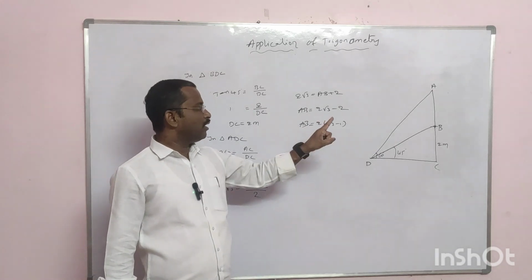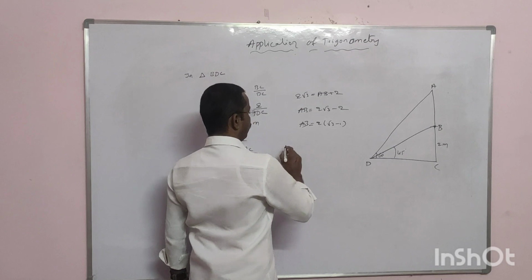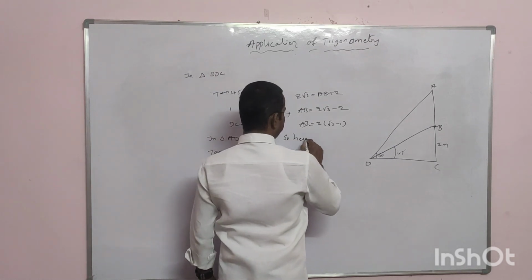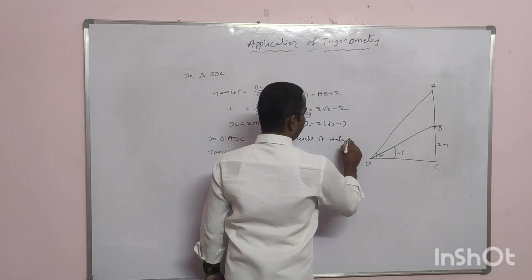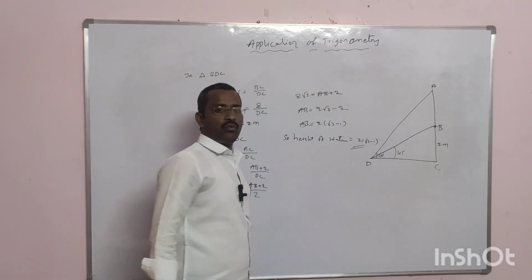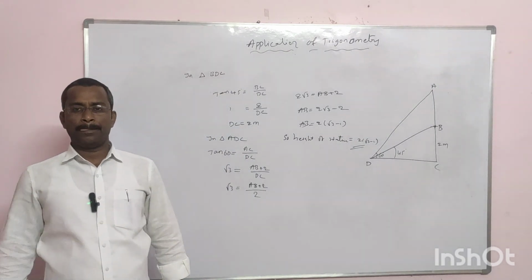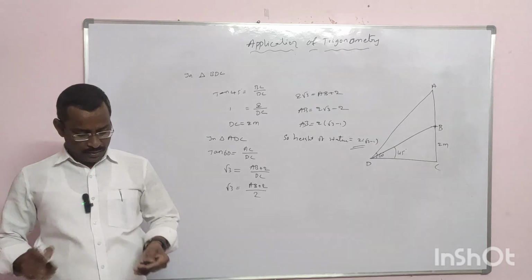So మనకి ఏం కావాలి? హైట్ ఆఫ్ ద స్టాచ్యూ. హైట్ ఆఫ్ ద స్టాచ్యూ అంటే AB కదా. సో కంక్లూడ్ ఇట్. Height of statue is equals to 2 of root 3 minus 1. 1.732 తీసుకోవచ్చు, తీసుకోకపోవచ్చు, దట్ ఇస్ నాట్ ఎ బిగ్ డీల్.